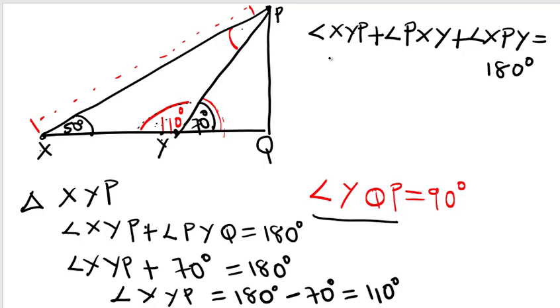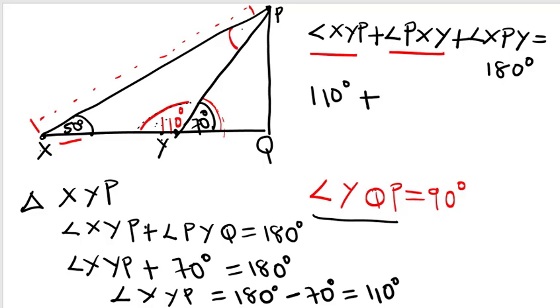Angle XYP, this angle is the 110, that is angle XYP. So we have our 110 degrees, plus angle PXY, which is the 50 degrees that we have here.